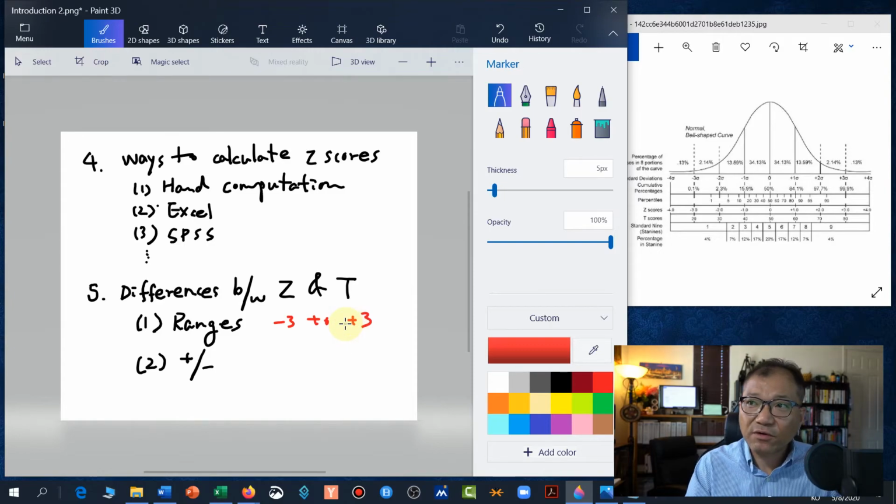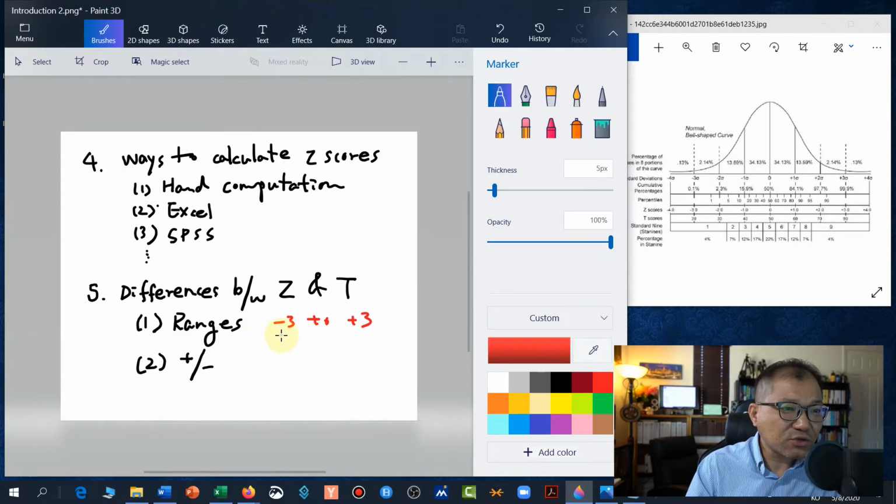That will cover almost 99.9 percent right there. Up to +3 is covering 99.9999%. So if your Z-score is bigger than +3, that means you are almost at the top. Okay, so that is the range for the Z-scores.